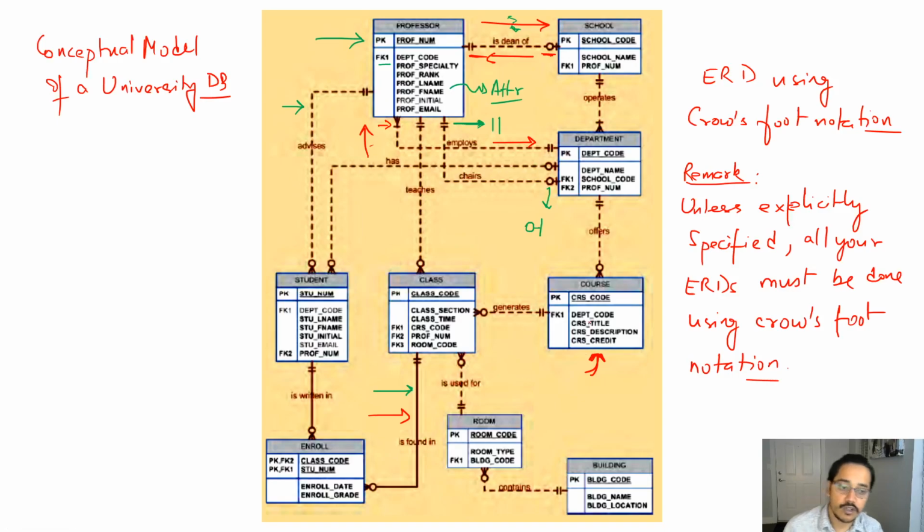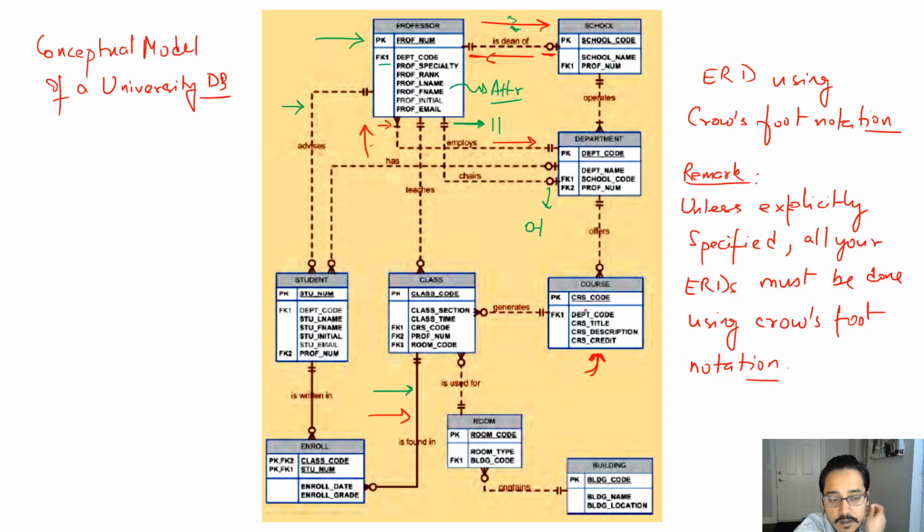Okay. So you can go with another example here. Between class generates course. So the foreign key is the department code, but the foreign key has no role to play in the primary key of the course. In addition to that, the primary key of the parent is class code, but it has no role to play in the course.